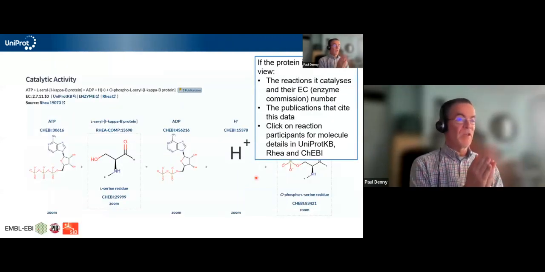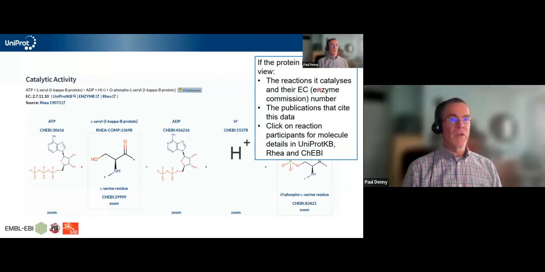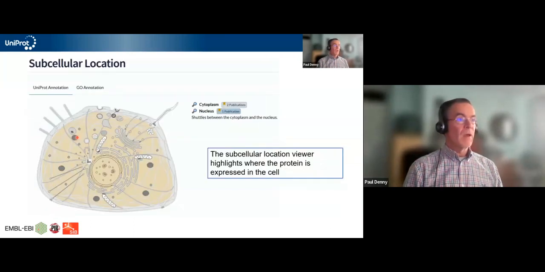And moving down the information on the page for IKKA, it turns out that this is an enzyme, and we have curated here the enzyme commission number for this protein. We can see the reaction participants that the enzyme uses in its reaction, and so on. It's also a protein for which its location within the cell has been curated.